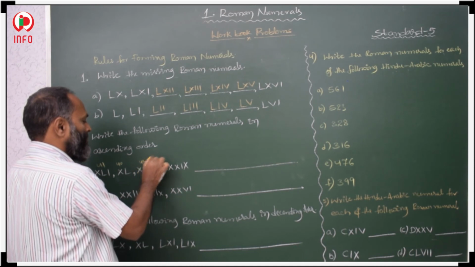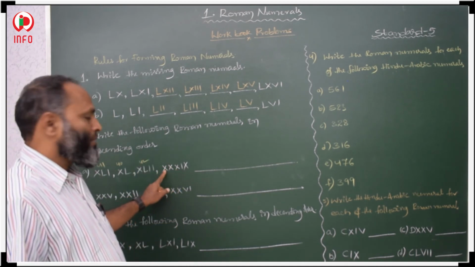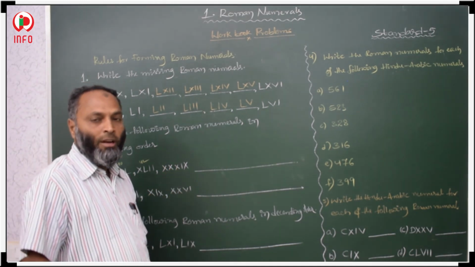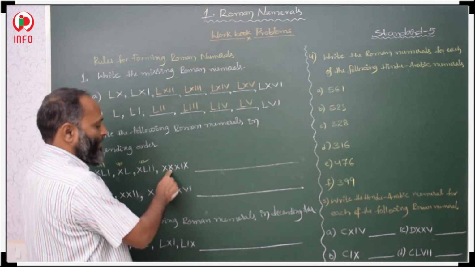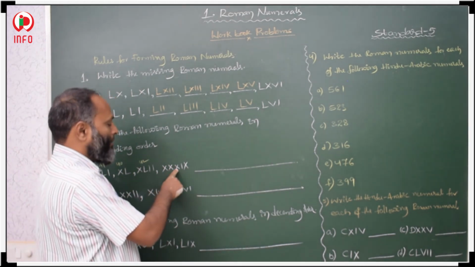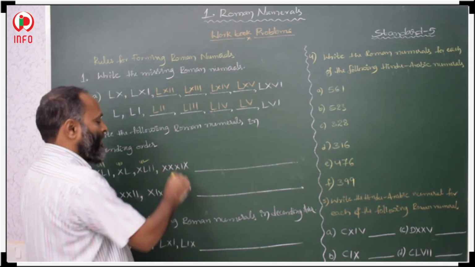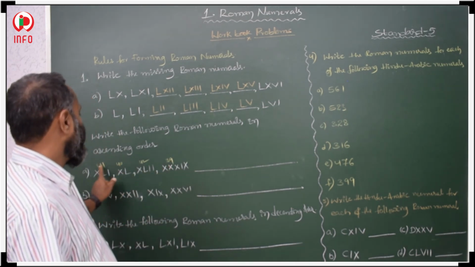This represents 42. Then X means 10, X means 10, X means 10. When a Roman numeral repeats, we add: 10 plus 10 is 20, 20 plus 10 is 30. This is for the symbol 9. 30 plus 9 is 39. So we have 39, 40, 41, 42.